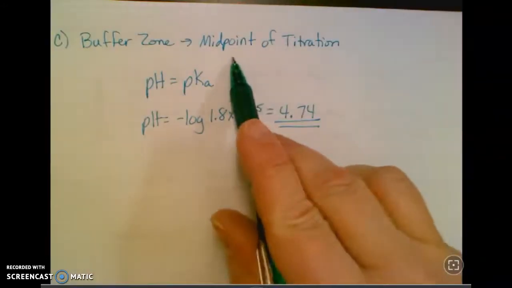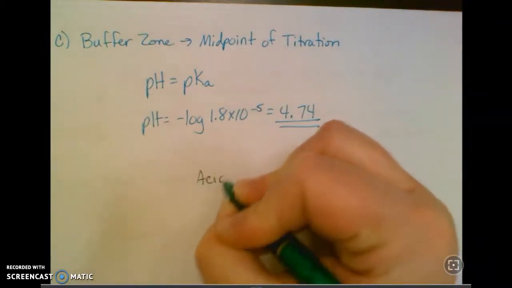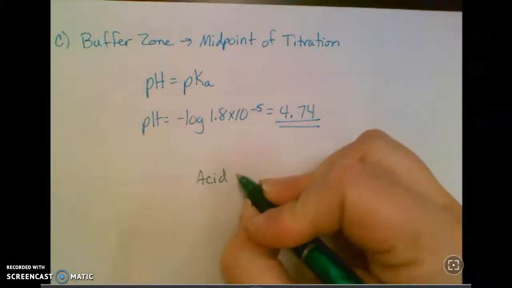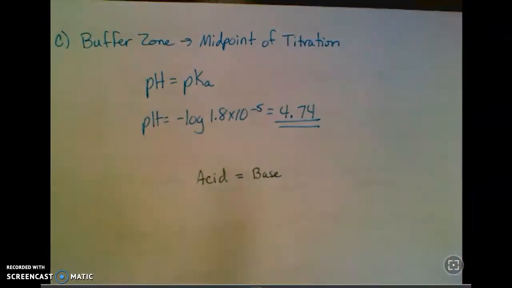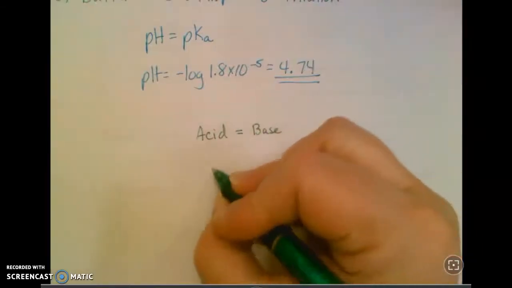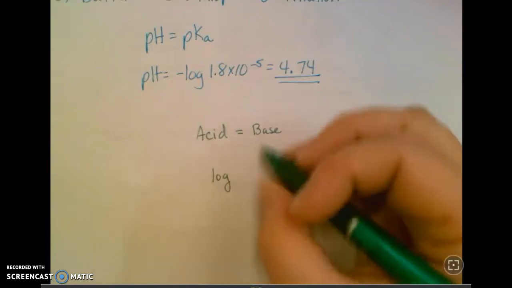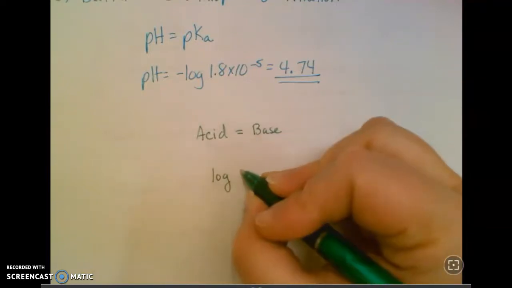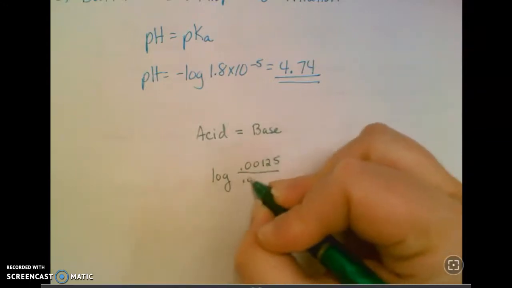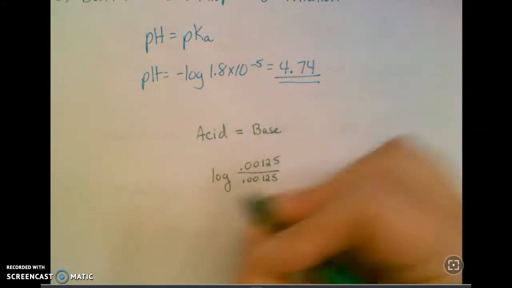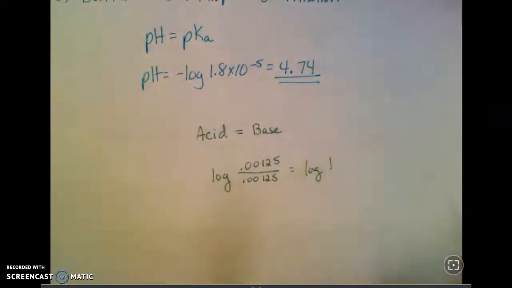If I'm at the midpoint of the titration, whatever the amount of acid is, no matter what I started with, that's going to equal the amount of that conjugate base. And so if I'm adding the log of acid over base and they equal each other, in this case it'd be 0.00125 over 0.00125.